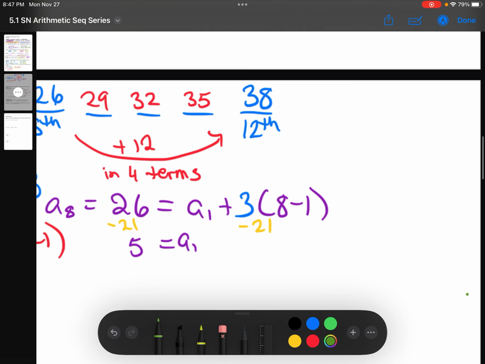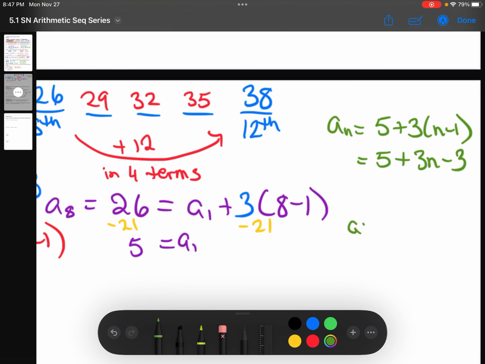So a sub n will equal a1, 5, plus the difference, 3, times n minus 1. Then 5 plus, distribute first, 3n minus 3. Then a sub n, really make your n's look like they are subscripts.